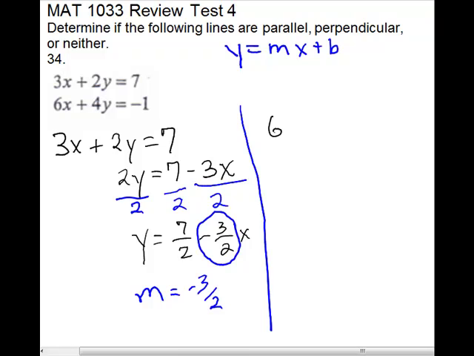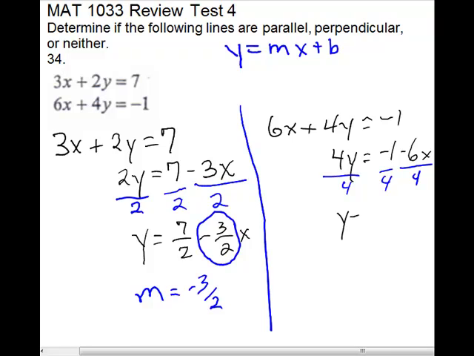6x plus 4y equals negative 1. You're going to isolate your y, so subtract your 6x. And divide by 4. So we'll divide under each piece by 4. Clean up.